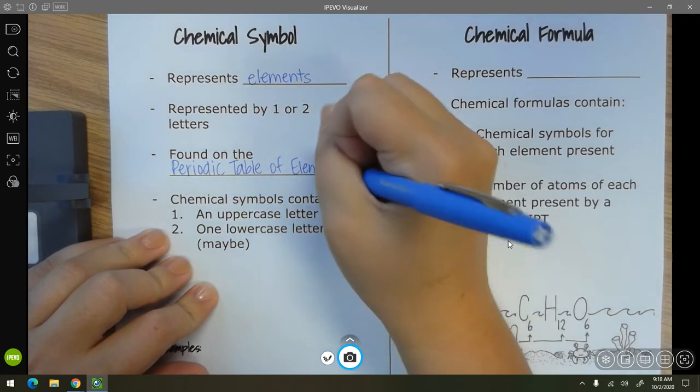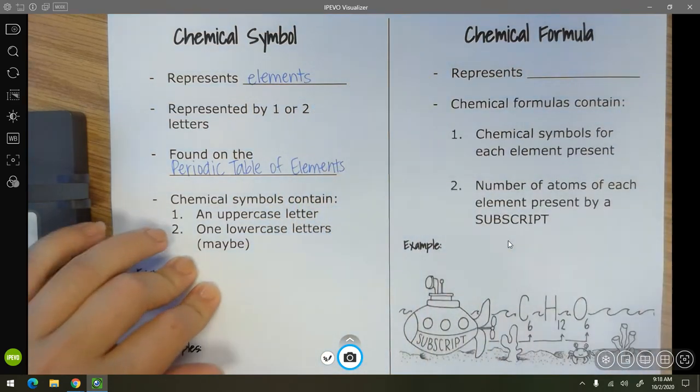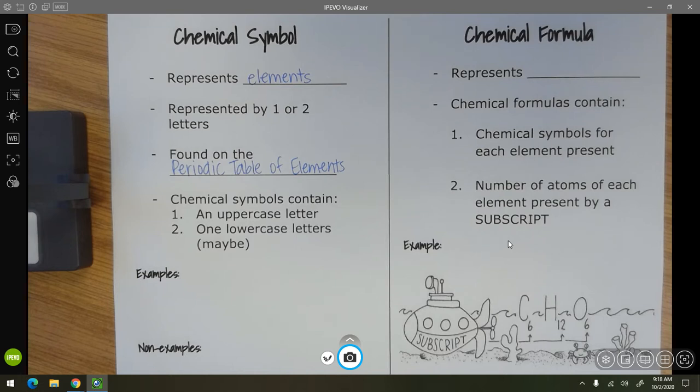So if you're wondering what the chemical symbol for boron is, you can just look straight at the periodic table of elements and look at the element names, and you can find boron and see that it's just a capitalized B. So if you look at the periodic table of elements, sometimes there is one letter, sometimes there are two letters for the chemical symbols.